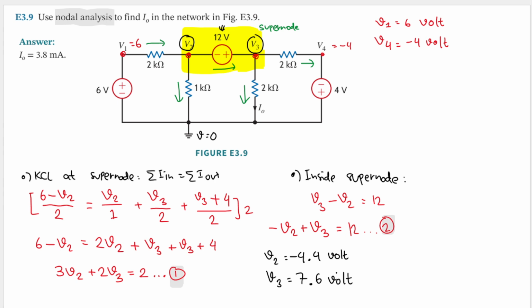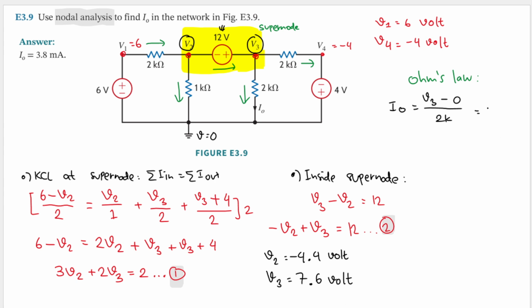However, the question is asking about I0, so we need to use Ohm's law at I0. I0 is the current at this node here. We have V3 minus the node here, 0, divided by the resistance between them, which is 2 kilo ohm.